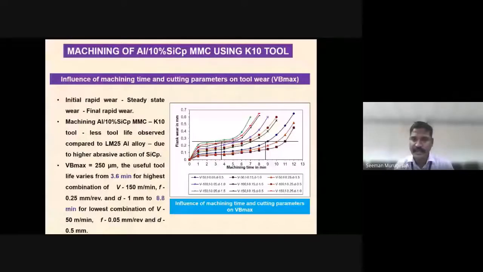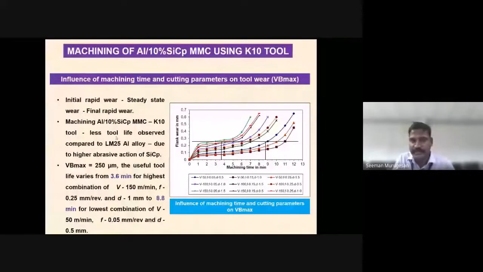In the initial rapid wear, up to 1 minute, irrespective of cutting condition, the tool wear increases rapidly. This is mainly due to rounding of the nose. After 1 minute, steady state tool wear is observed in all cutting conditions. Finally, after the steady state, rapid final tool wear is observed.